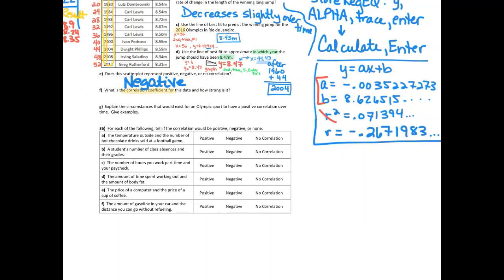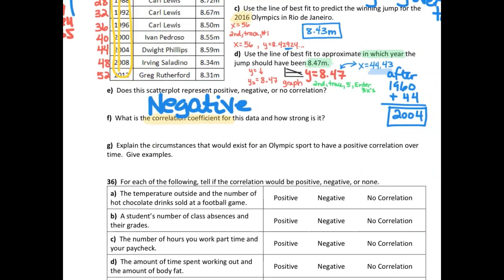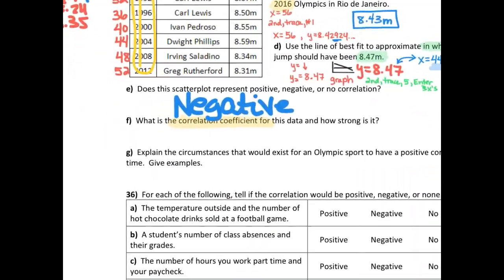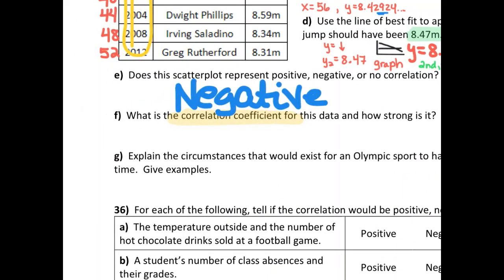The correlation coefficient is just r, and we're going to round that to 2 decimal places, so it's going to be negative 0.27. I apologize. Now, that number is much closer to 0 than it is to -1.